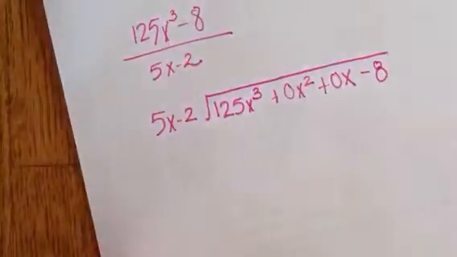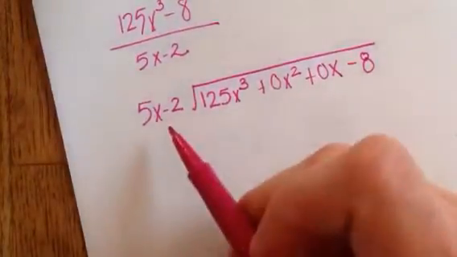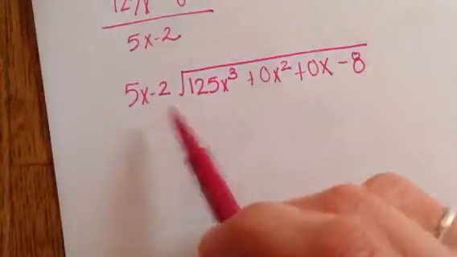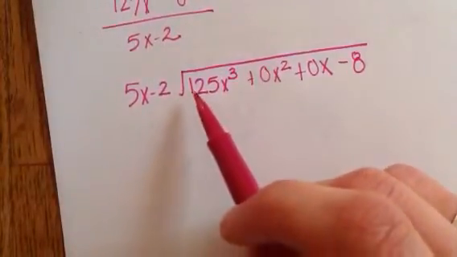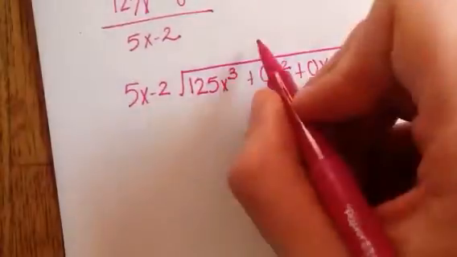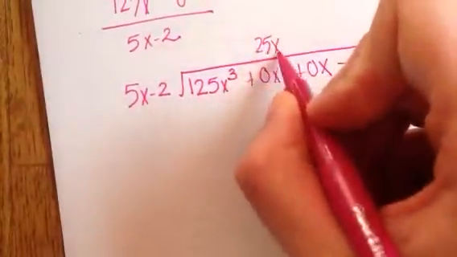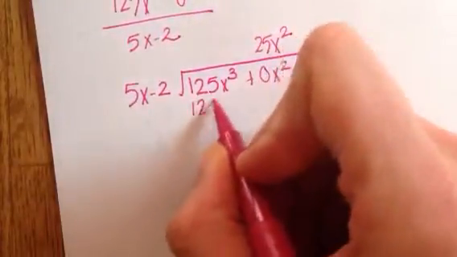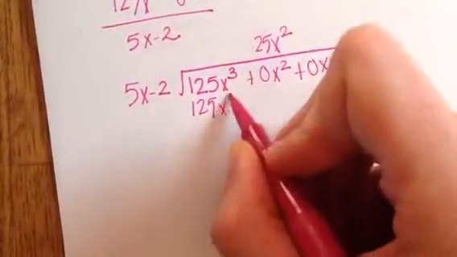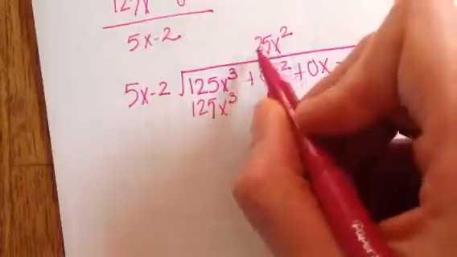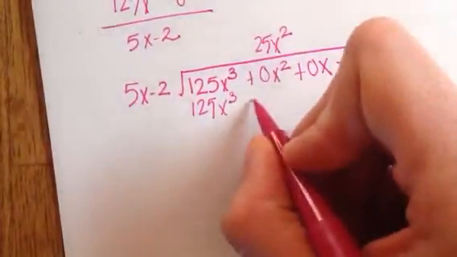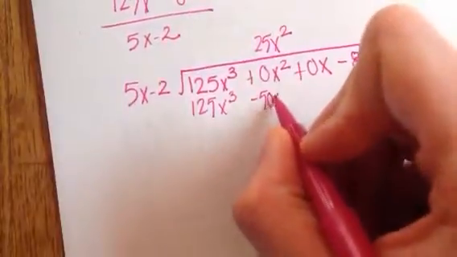So I have two things that we're missing. So then you have to ask yourself, 5x times what number will make 125x cubed? And so that's going to be 25x squared. So 25 times 5 makes 125, and x times x squared makes x cubed. 25x squared times negative 2 would make negative 50x squared.